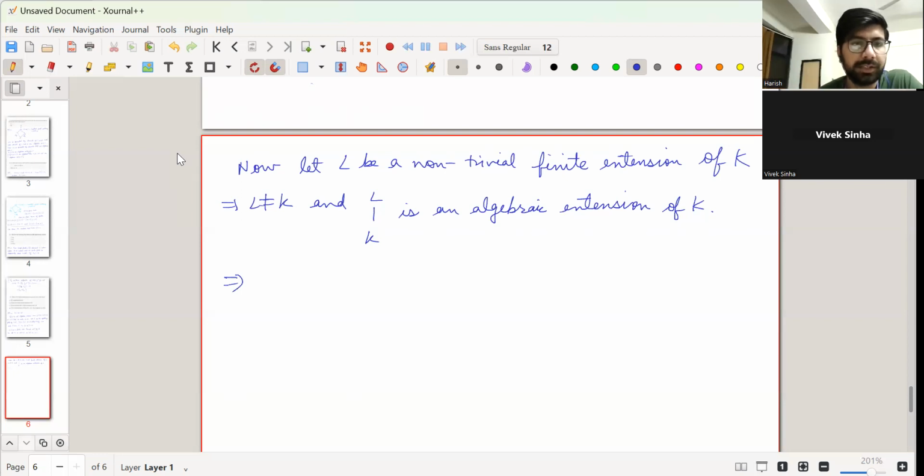So this contradicts that K is algebraically closed, because algebraically closed means it has roots for all of its polynomials inside itself. But it is saying that there exists a non-trivial extension such that all elements of L satisfy a polynomial over K. So that cannot happen, right?